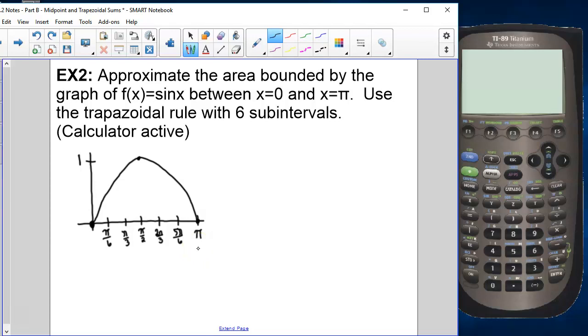So we are supposed to use trapezoids. So that would mean if we take all these points right here, we would end up with something that looks like this.